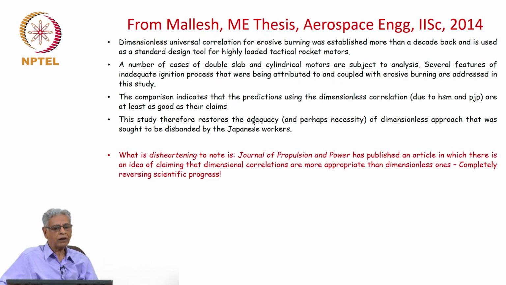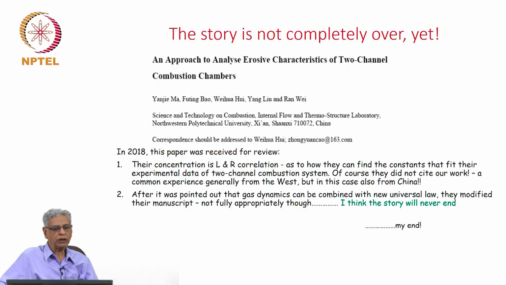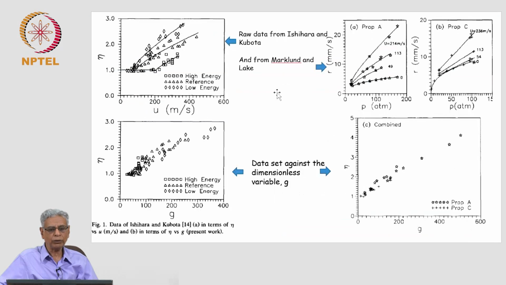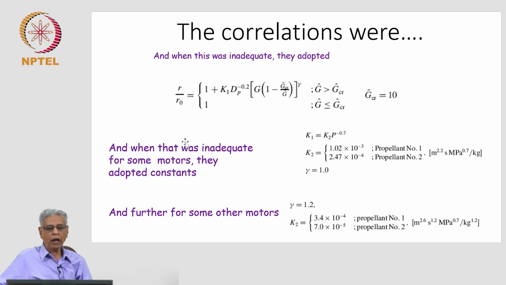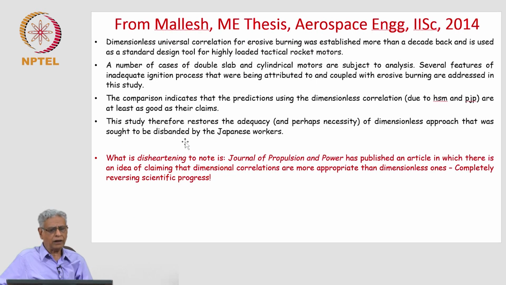It is because of the fact that the thickness which was used in the port geometry was very small, and the measurements would contain error. Small changes would lead to a lot of error, and we made analysis of that and found that that particular choice of geometry for getting erosive burning wasn't exactly the most appropriate one, but it required a lot of analysis to come to that conclusion. But that didn't matter really.